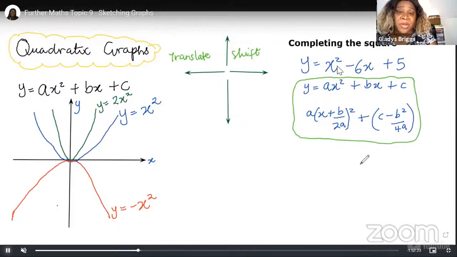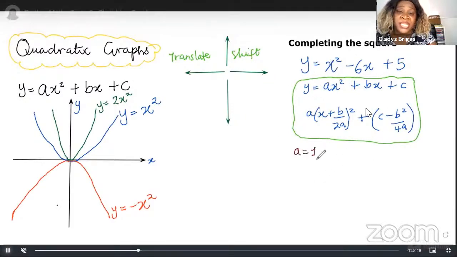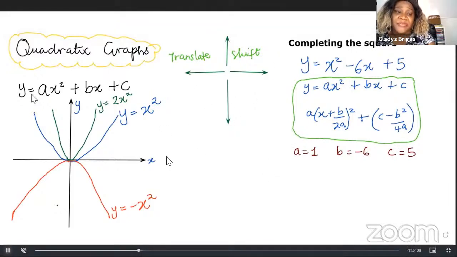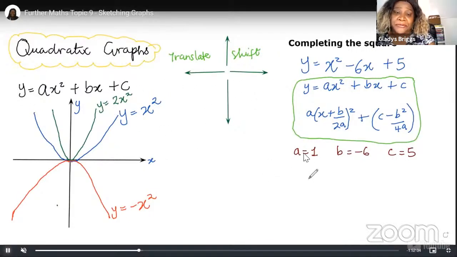So then I told you about completing the square, because when you have been able to write it in completed square form, then you can be able to slide it to the left and right, or up and down, yeah? So what we were doing was translating the graph to the left and right, or up and down.